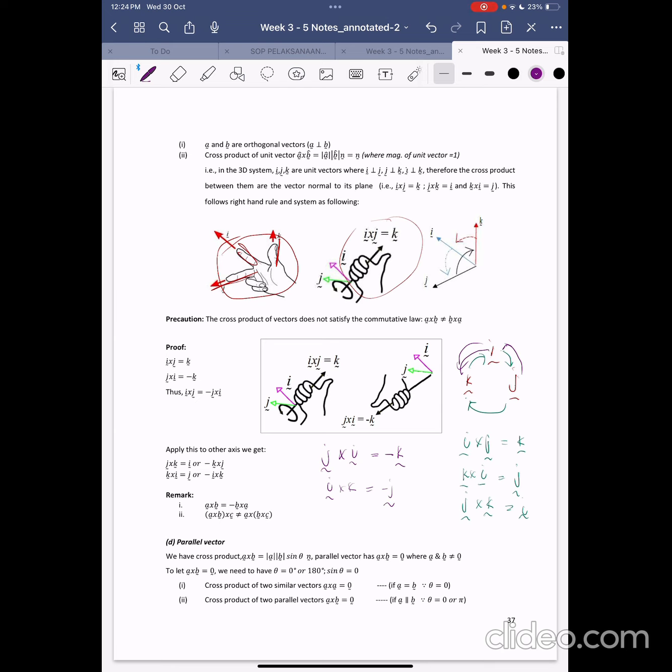So instead of memorizing things, look at this loop of I, J, and K. It's very easy. If it goes in the opposite direction, you add a negative. I cross K, you get negative J. J cross I, you get negative K. So it's different from I cross J.